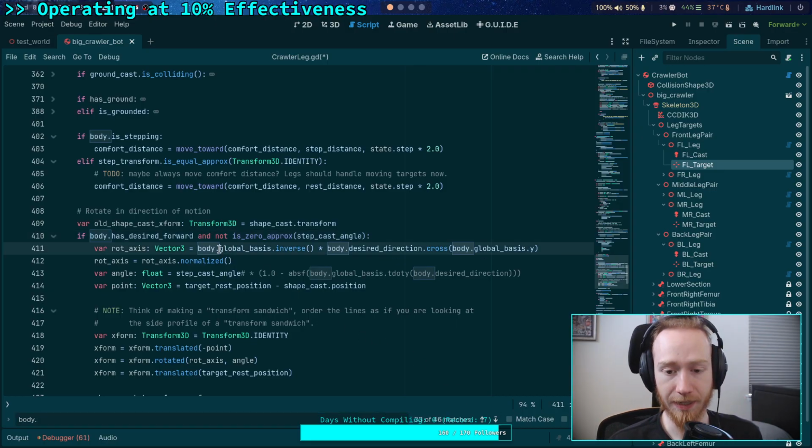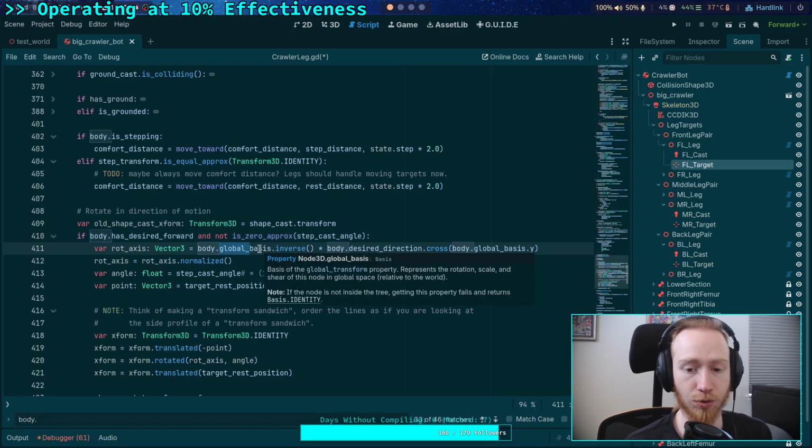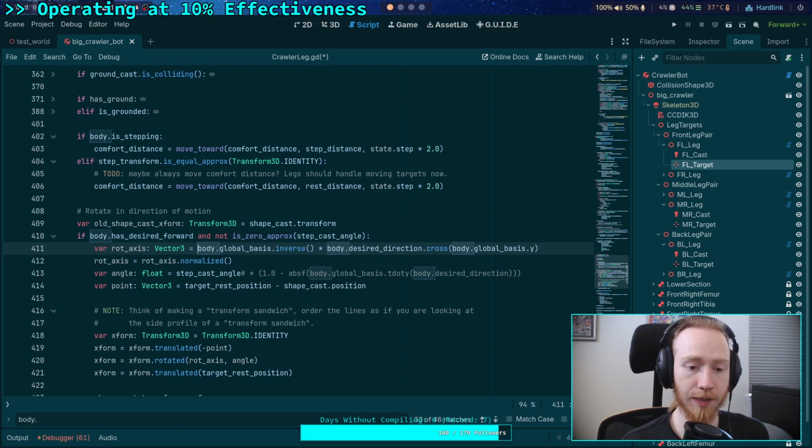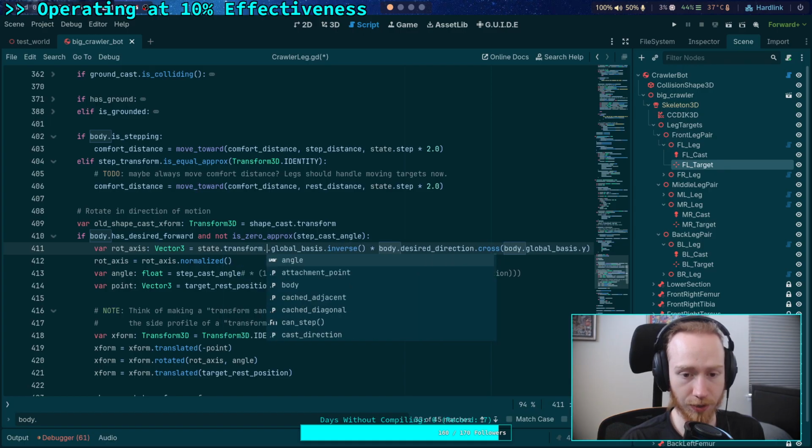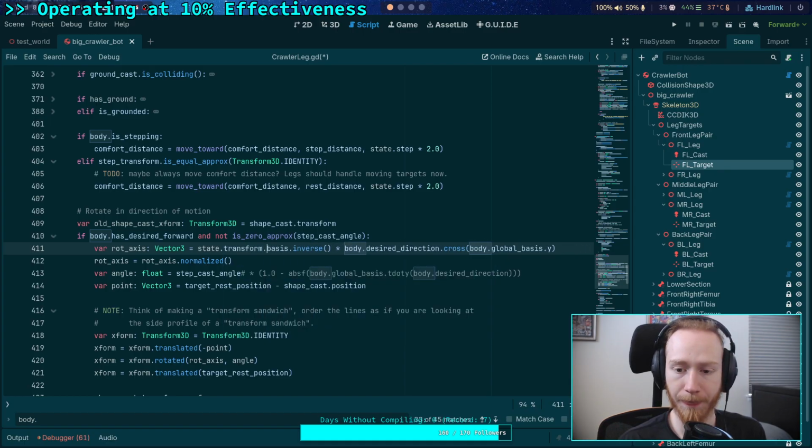Body global basis. So instead I should say state transform basis, inverse state transform basis.